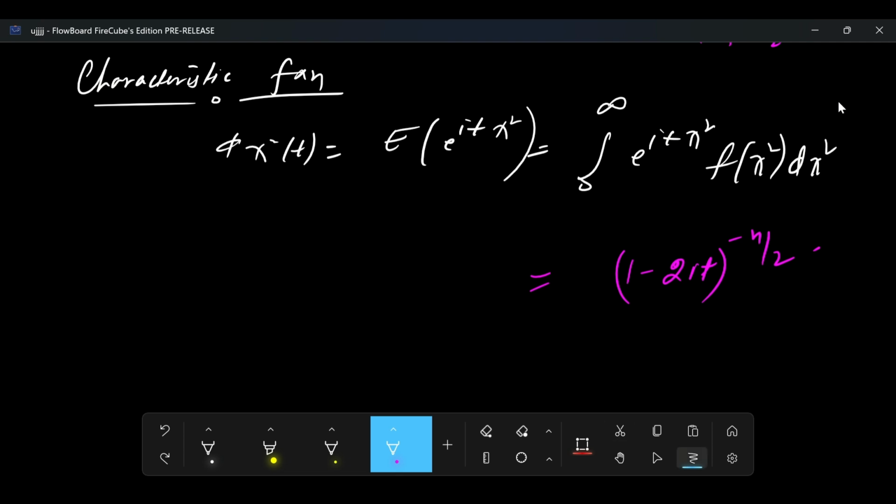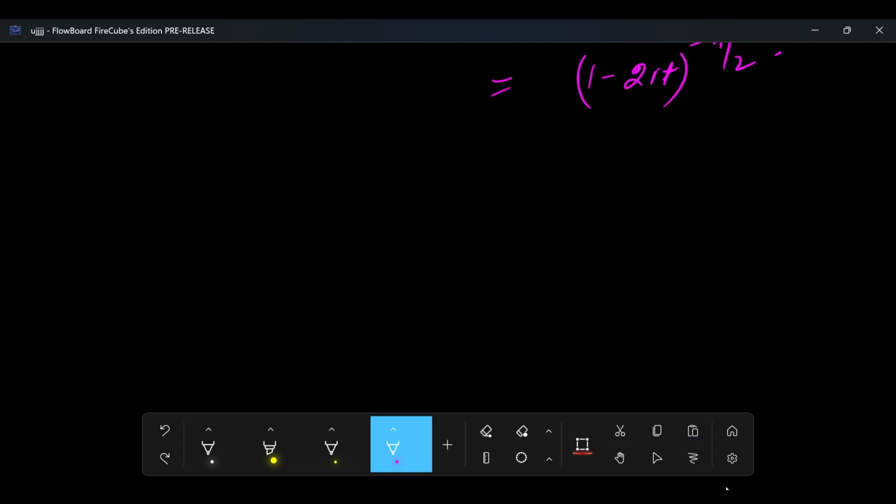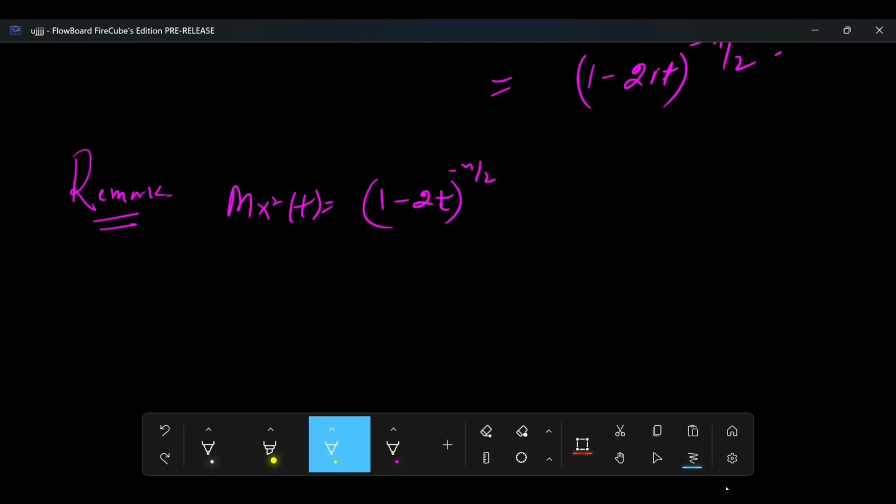Now here is a remark. We have the MGF of chi square t, that is 1 minus 2t to the power minus n by 2. As you know, what is this expansion?